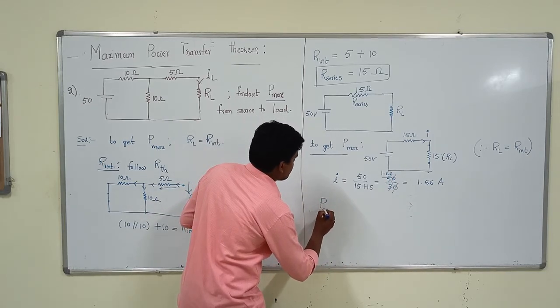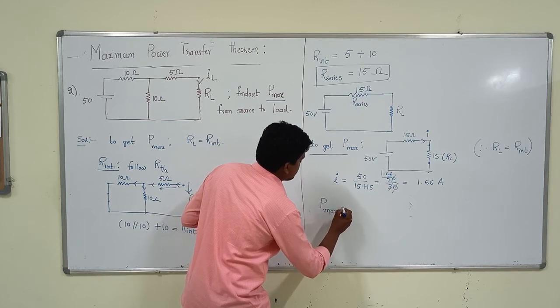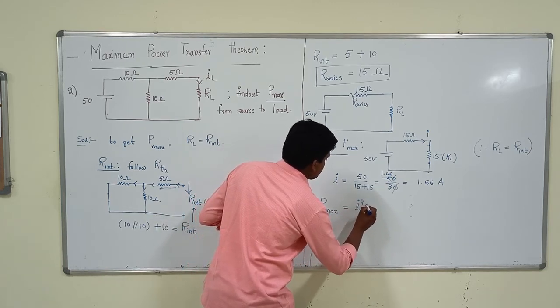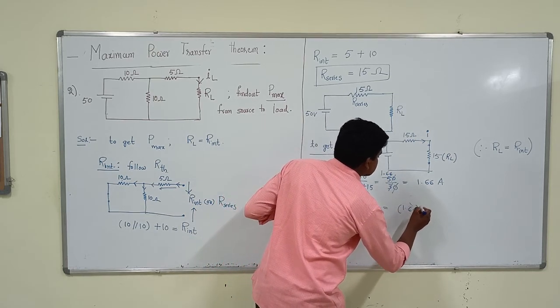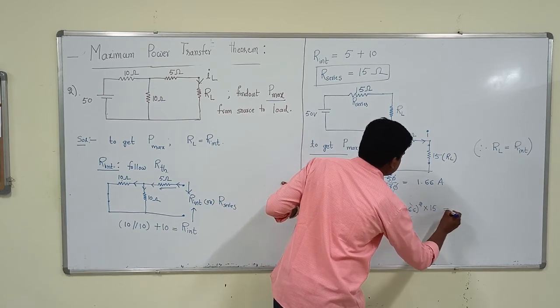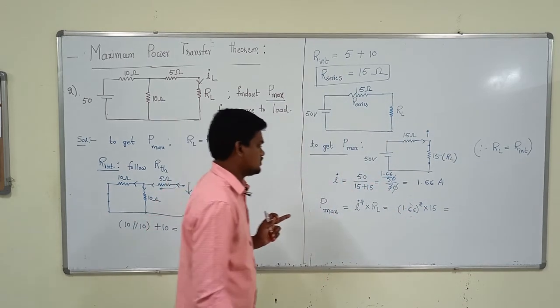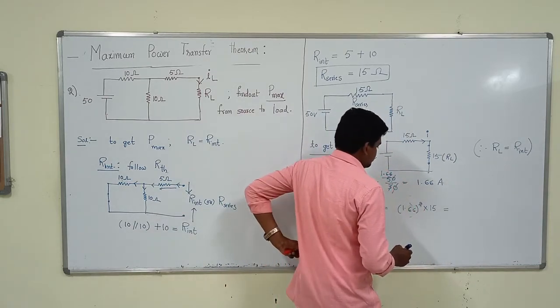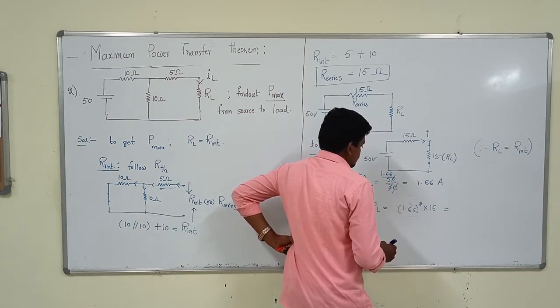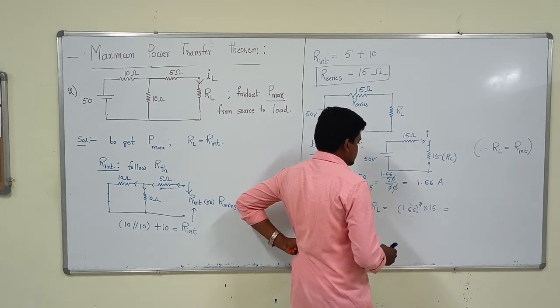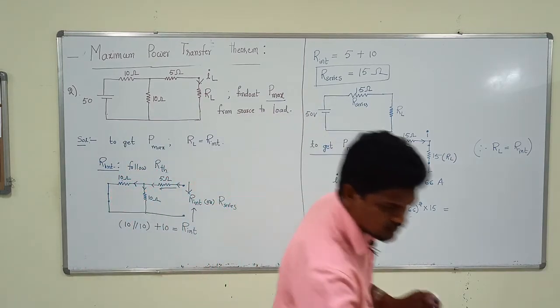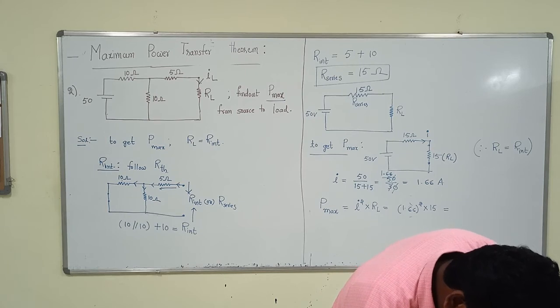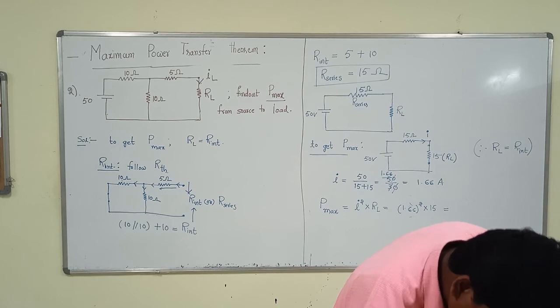But what is the formula for power? Not just power here, maximum power. The formula is I square into load resistance. I square is 1.66 square into 15. 1.666 becomes simply 1.6 into 1.6, about 1.96.